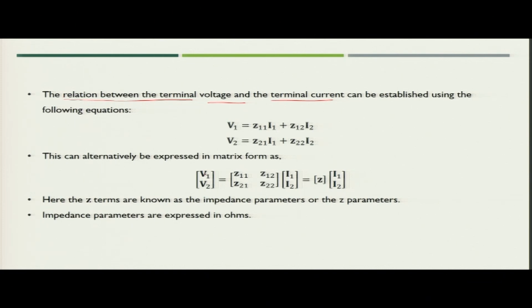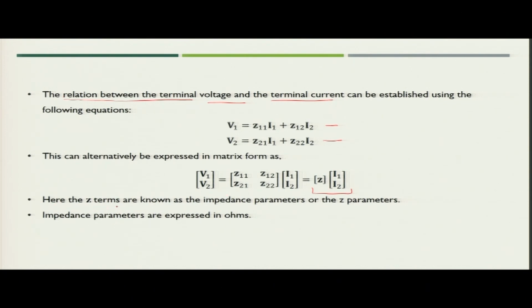In matrix form, you can represent these two equations as a matrix of V1 and V2, equal to the impedance matrix Z11, Z12, Z21 and Z22, times the current vector. We can write this in short form as Z matrix and current vector.